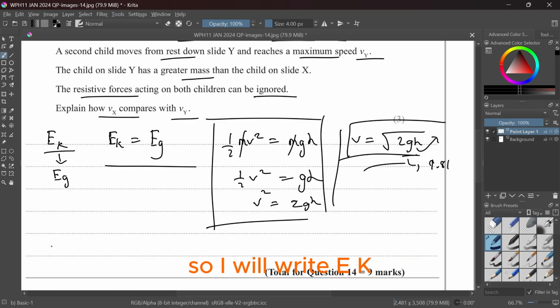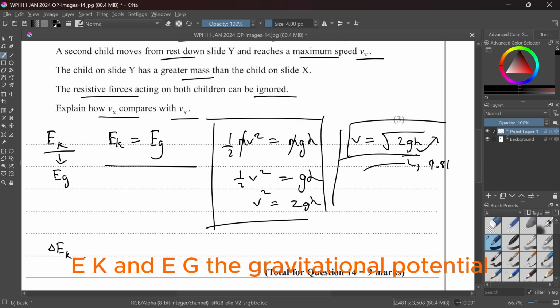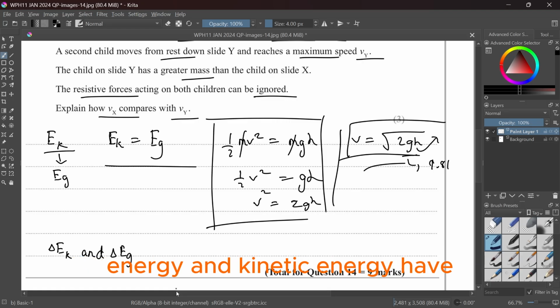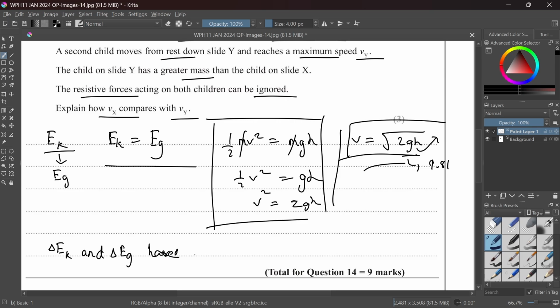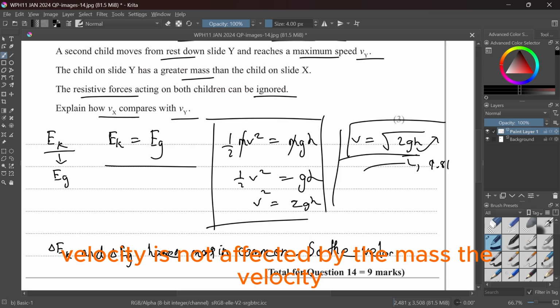So I will write: Ek and Eg, the kinetic energy and gravitational potential energy, have mass in common, right? So the velocity is not affected by the mass.